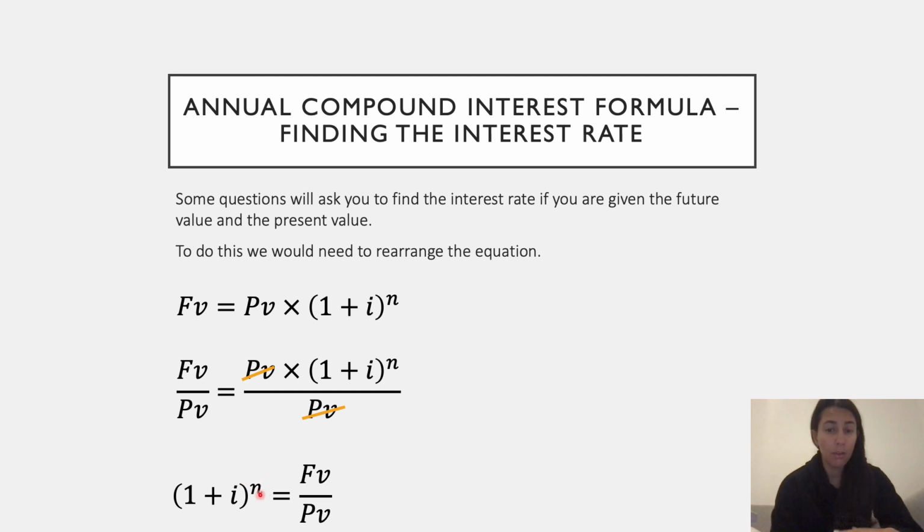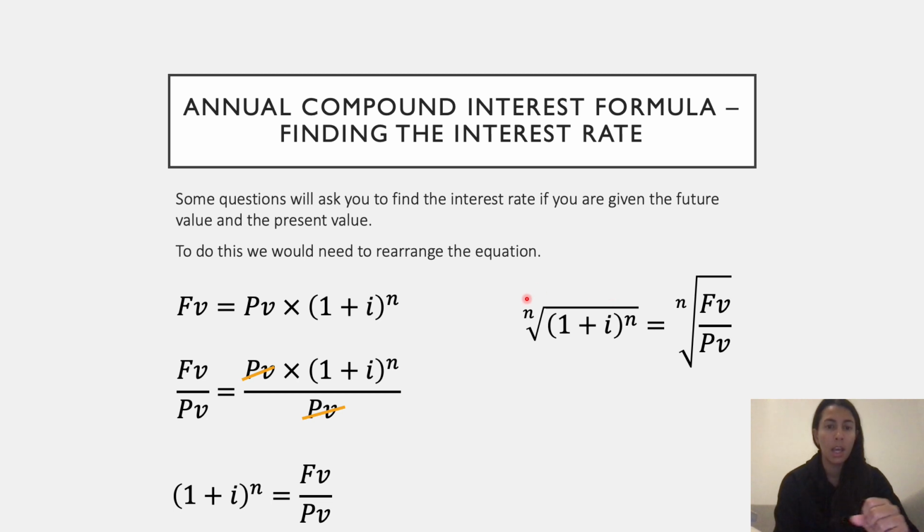Hopefully you remember that the opposite of squaring something is the square root, and that concept continues on when it's the power of any number. So say this is to the power of n, then we would take the nth root, and I'll show you in just a second how you would actually put that in on your calculator.